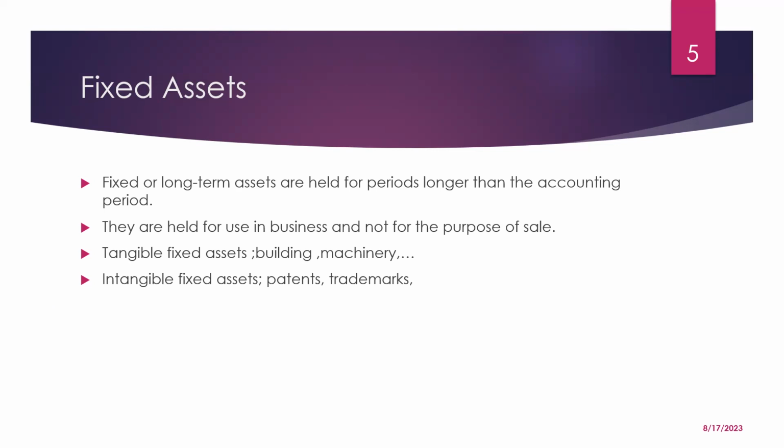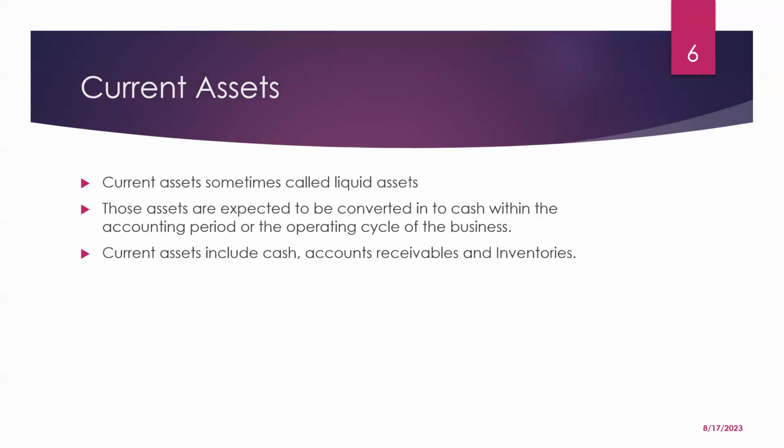Tangible fixed assets you can touch, feel, and you know that the presence is there. You can see that. If you cannot touch or feel it, if you don't see it with your naked eyes, then we can say it is an intangible fixed asset.